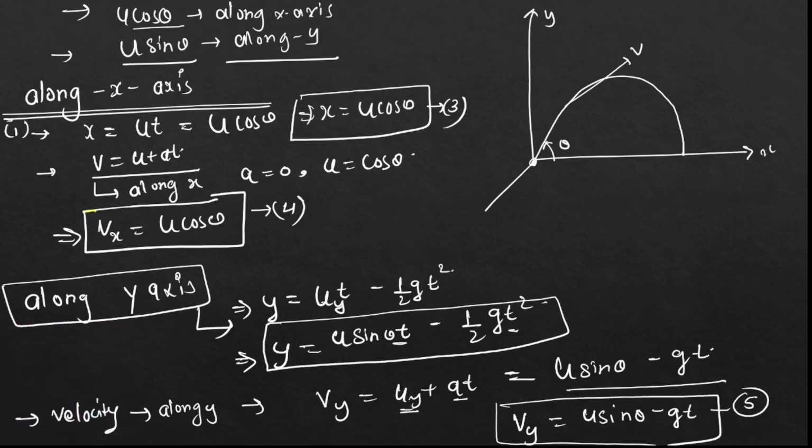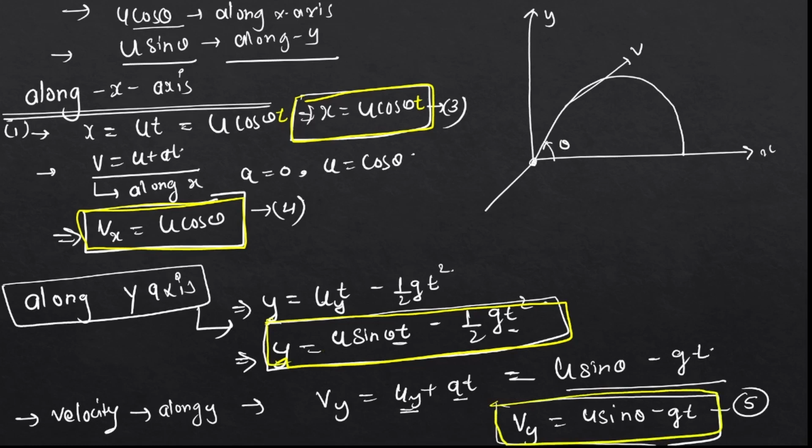This is the position at any particular time; oh sorry, here is t, I missed this t. And this is the position along the y-axis at any particular time, and this is the velocity along the y-axis at any particular time, right? So these four equations you should know.